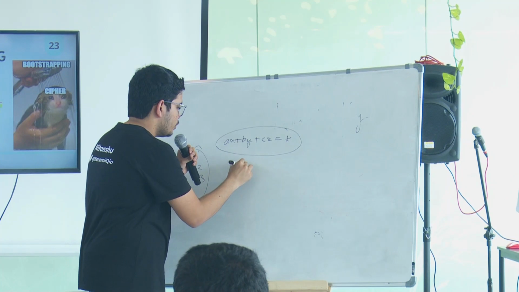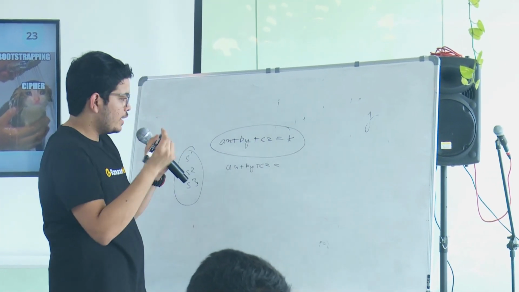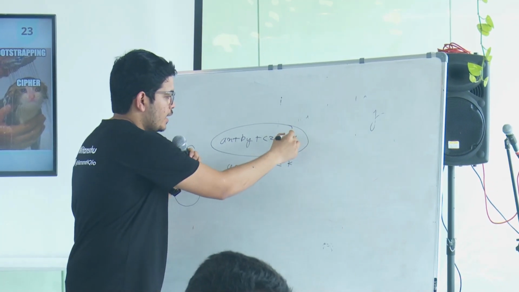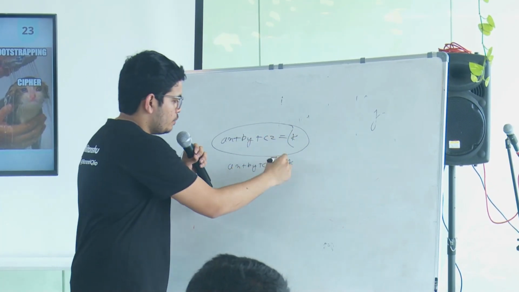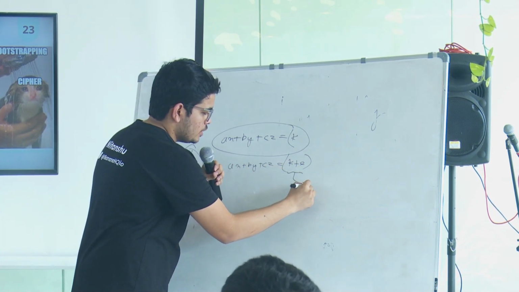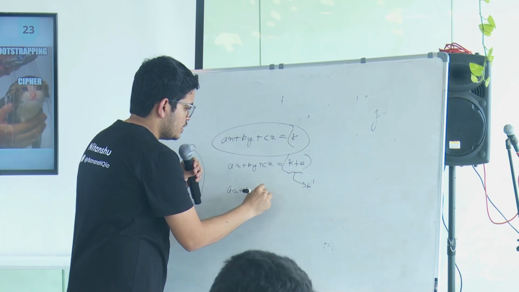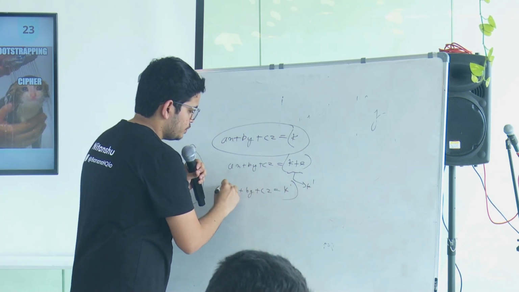Now what we would do is encrypt certain data by adding an error to k, so k plus e, and let's mark k plus e as k dash. So now we have ax plus by plus cz equals k dash.